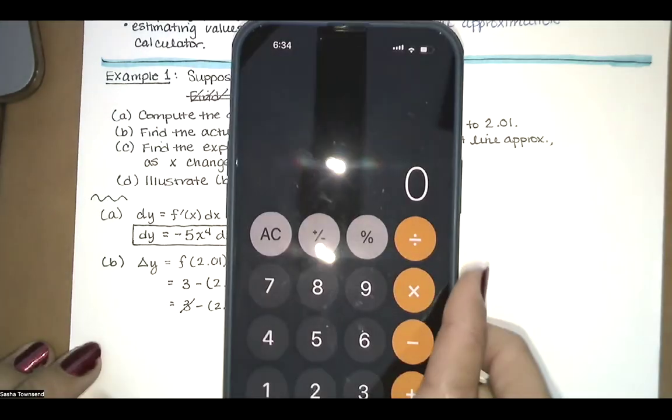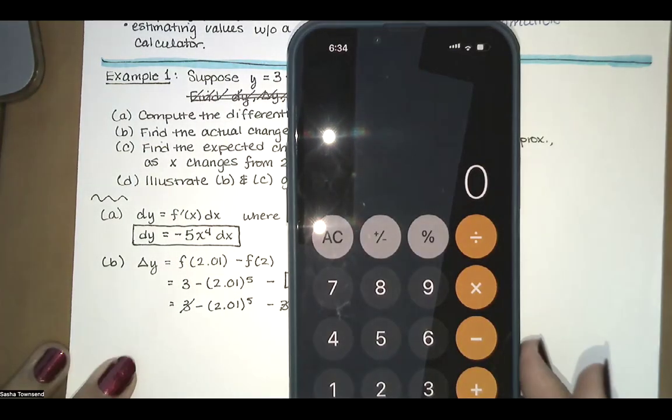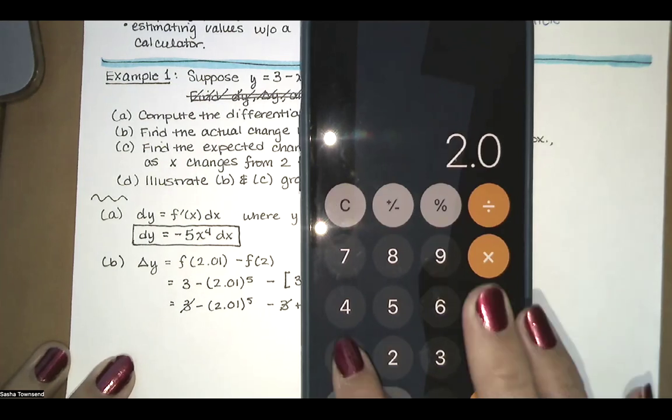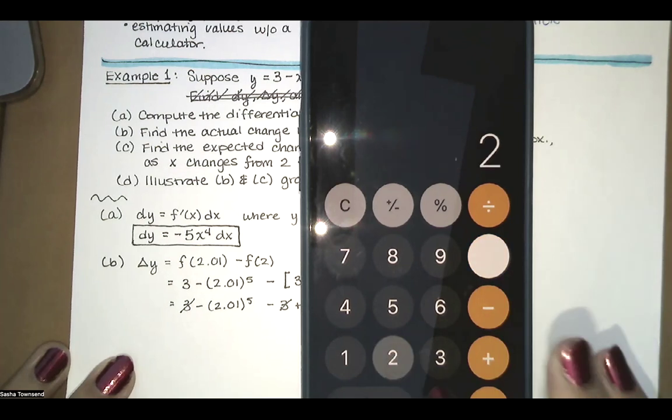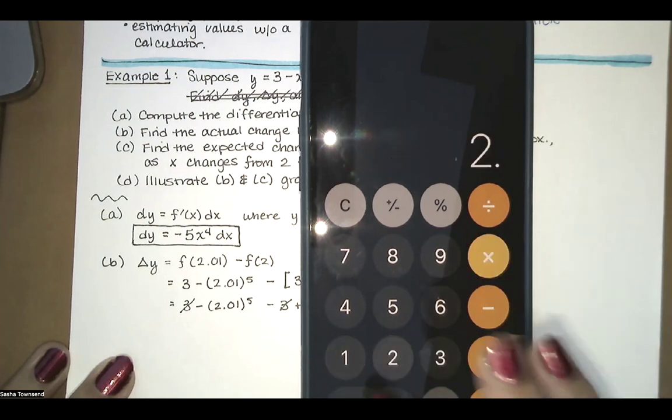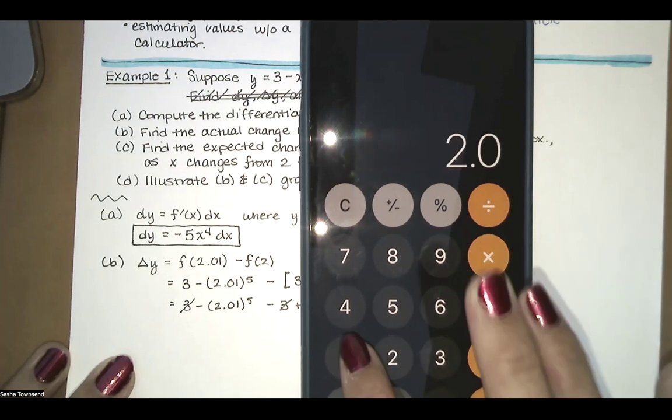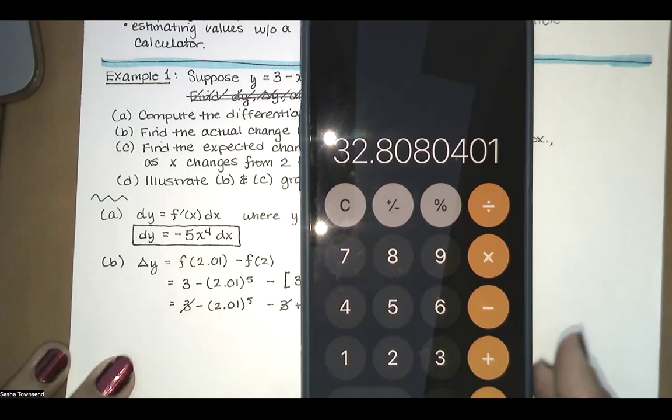This is just a pretty standard calculator on the phone. It doesn't even have exponents on it. I'm going to do 2.01 times 2.01 times 2.01 times 2.01 times 2.01 equals, and I get 32.808 approximately.